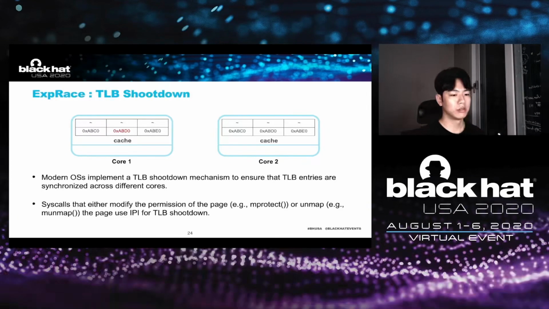For example, when unmapping an address or modifying the permission of an address in one core, first the core flushes its own TLB, finds another core that may have the same address in the TLB, and sends an IPI to flush them. Finally, upon receiving the IPI, the core flushes the address through the IPI handler.